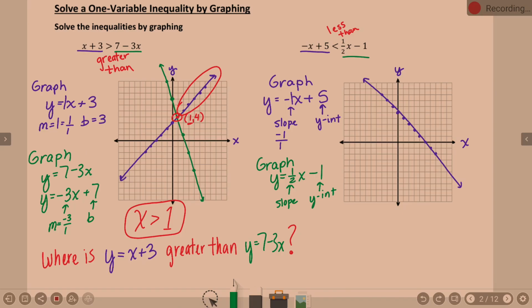Y-intercept of negative 1. On the y-axis, I'm going to go to negative 1, which is down 1. Slope of 1/2 tells me to rise 1, run 2. Rise 1, run 2. I got what I need, yes? Reverse it if you feel the need.